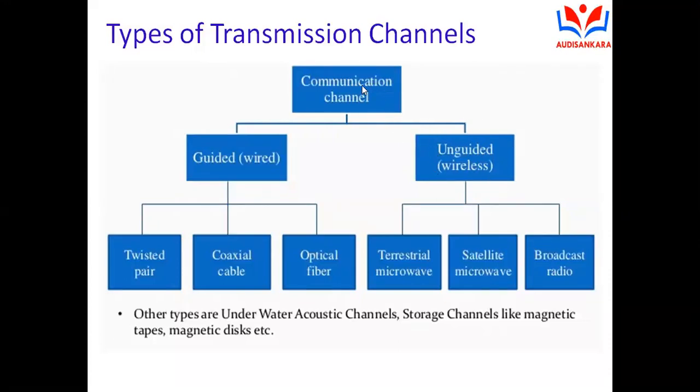So a communication channel may be categorized as guided and unguided. Guided means connection oriented, unguided means connectionless. Guided means there is a physical path between the transmitter and receiver, unguided means there is none. Guided transmission media is preferred for short distance, and unguided transmission media is preferred for long distance.